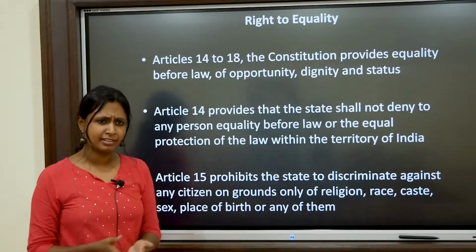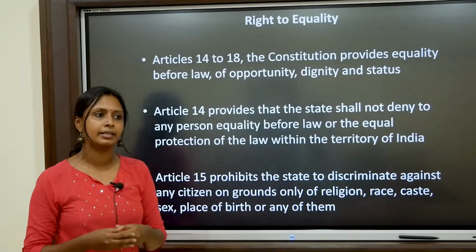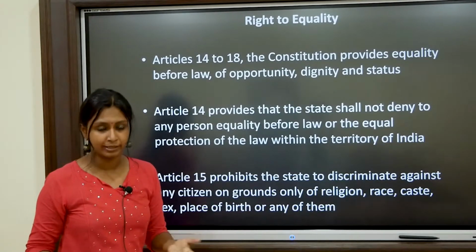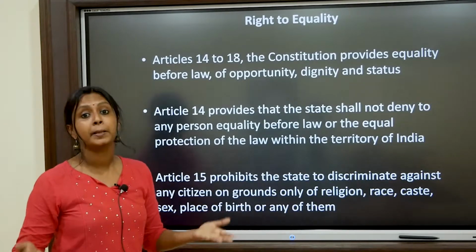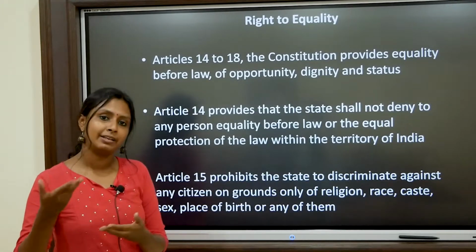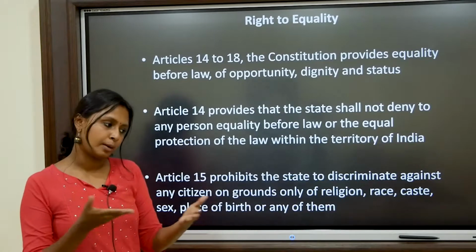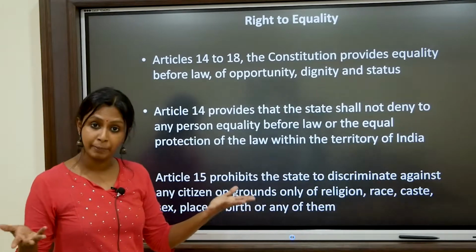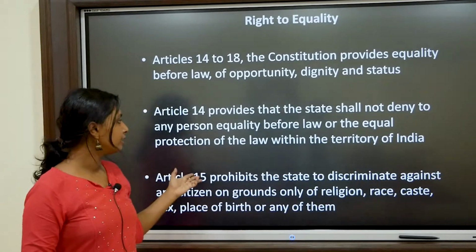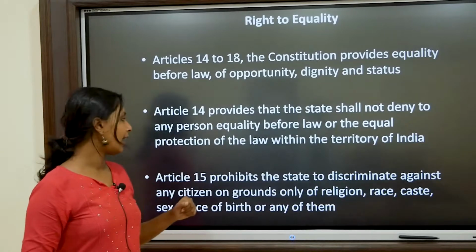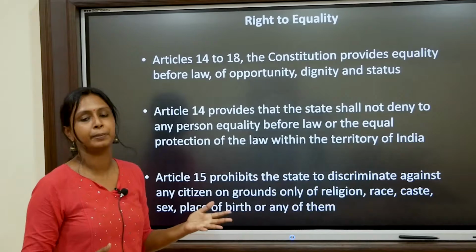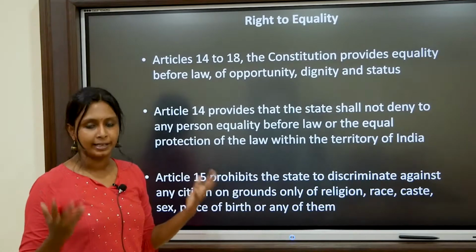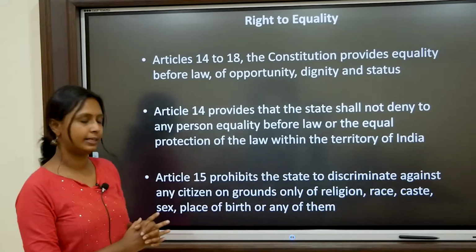There are many differences existing in India, in the case of economic strength, maybe there are many people who are wealthier and there are poor people. Whatever may be the differences, they are equal before law and equal protection of law is ensured for every person in the territory of India.